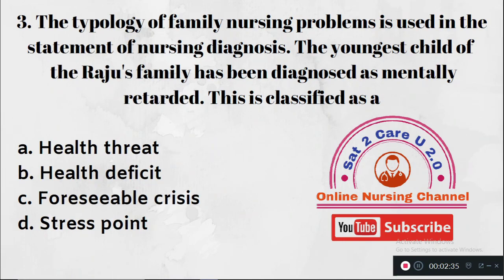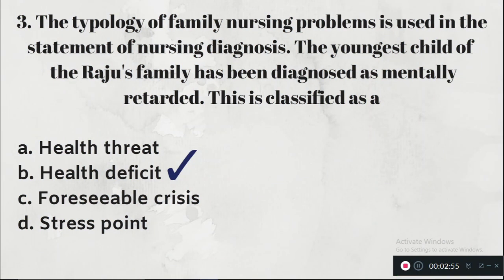C, foreseeable crisis. Option D, stress point. So in a typology of family nursing problems, in the Raju's family, a child is suffering from mental retardation. So this is classified under option B, health deficit.